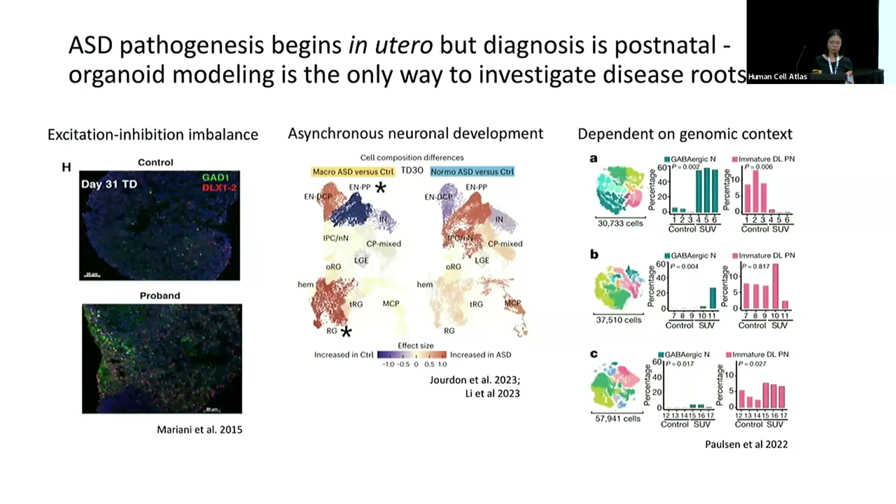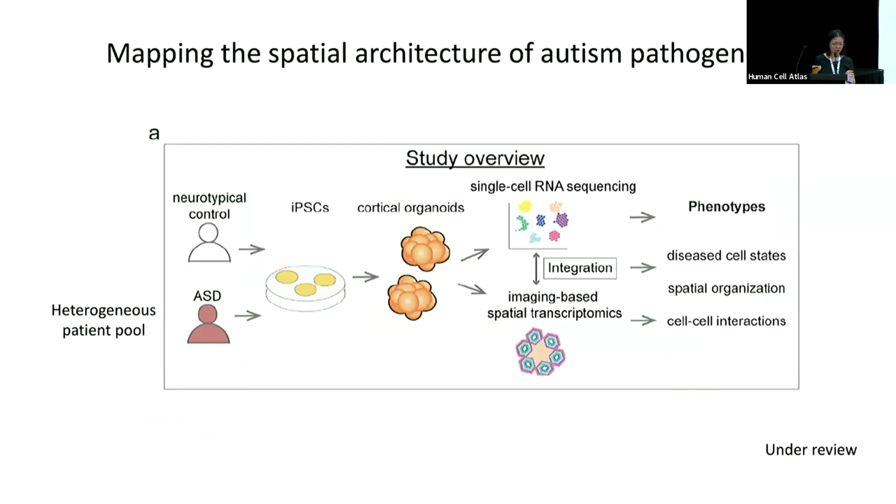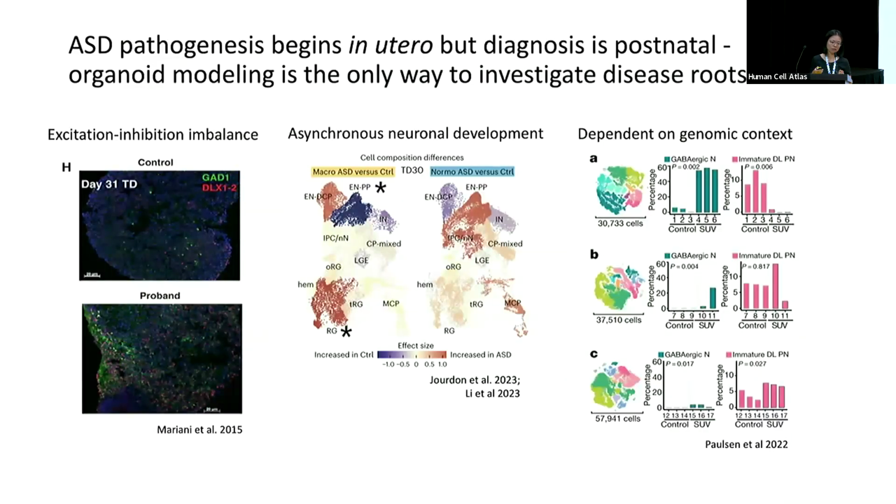There has been multiple foundational work in this area, and people have identified excitation-inhibition imbalances, asynchronous neuronal development, and several other cell type proportion changes. They are very often dependent on the genomic context of the individual. But what is not yet investigated is how the various cellular changes may contribute to the tissue architecture in these patients.